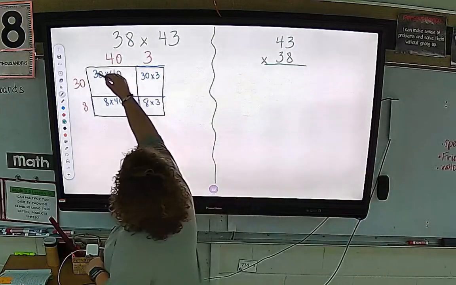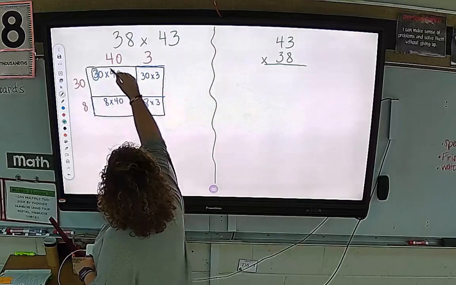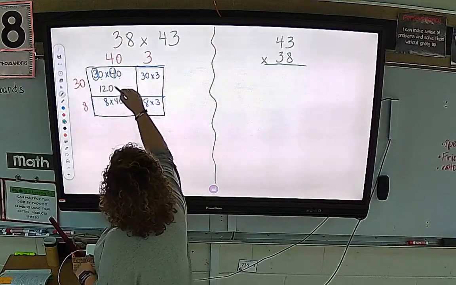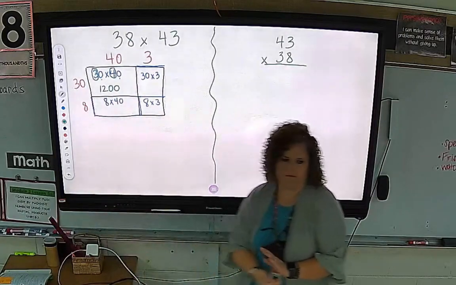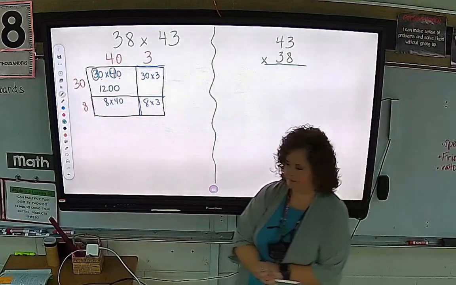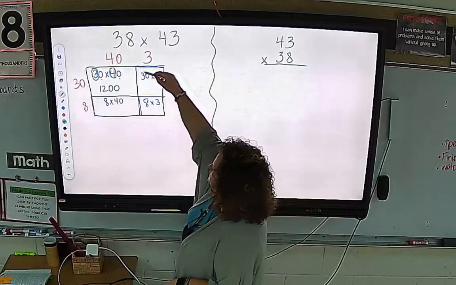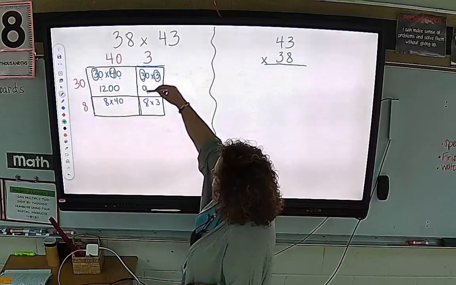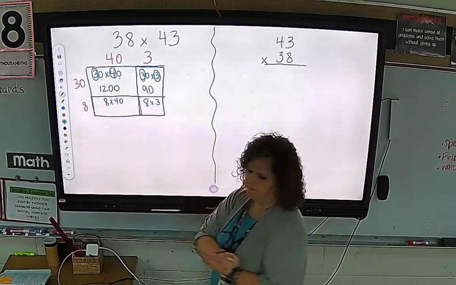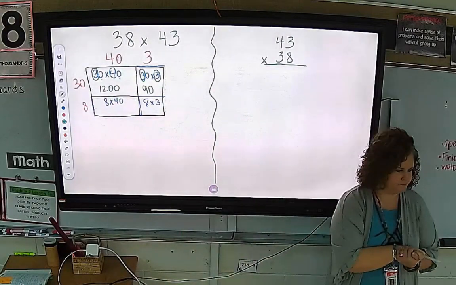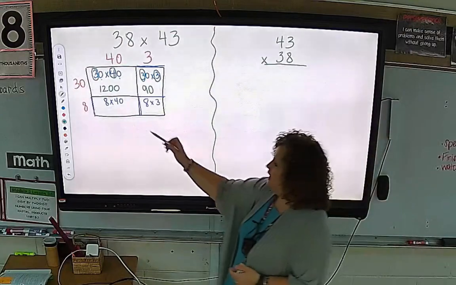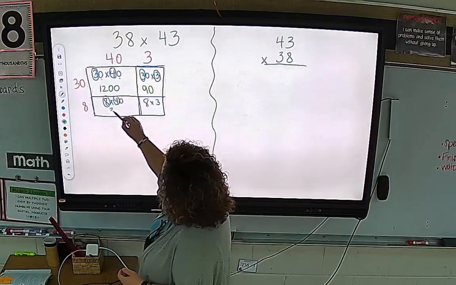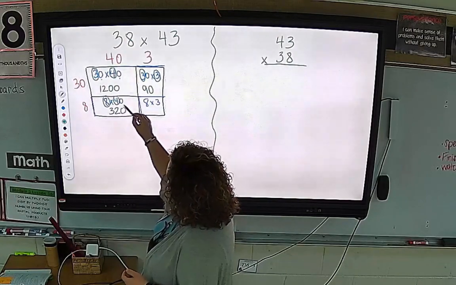30 times 40. You've got a 3 times a 4 is 12 and 2 zeros to add. A 30 times 3, you've got 3 times 3 is 9 and 1 zero to add. 8 times 40, you've got an 8 times a 4, which is 32, and 1 zero to add.